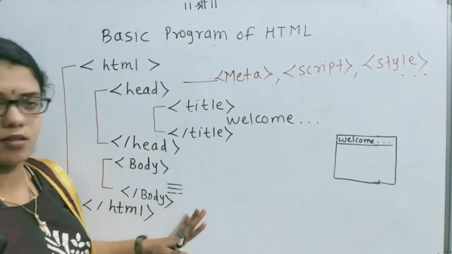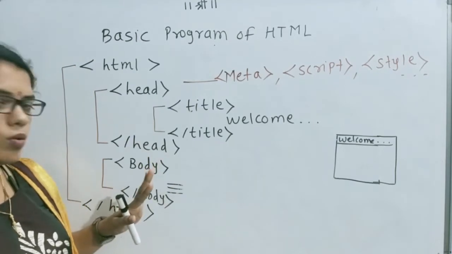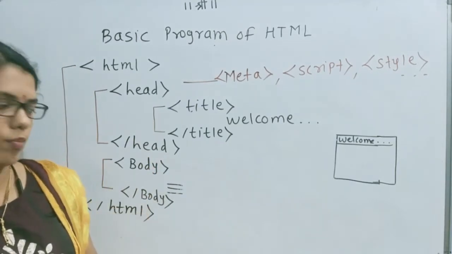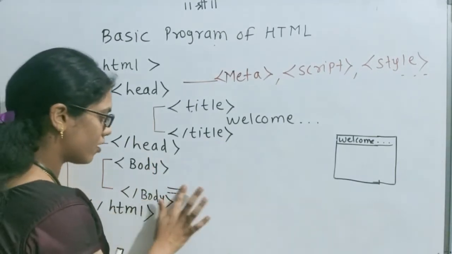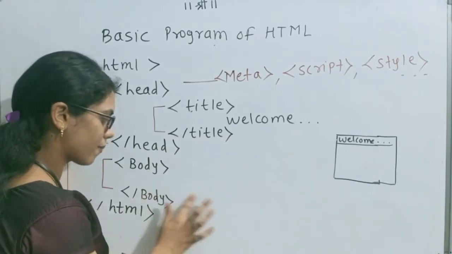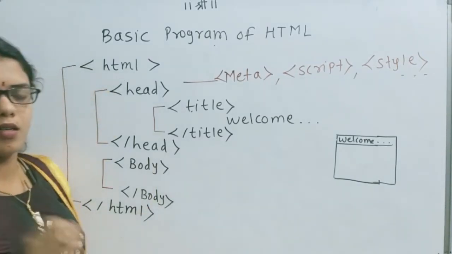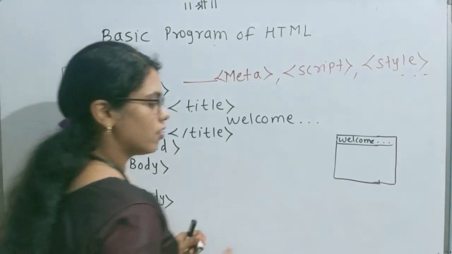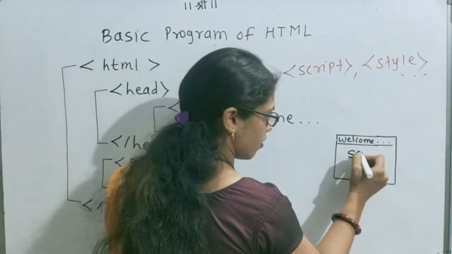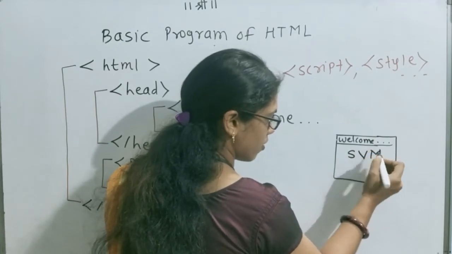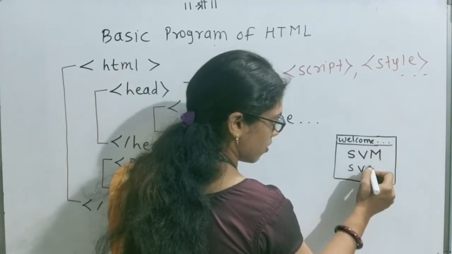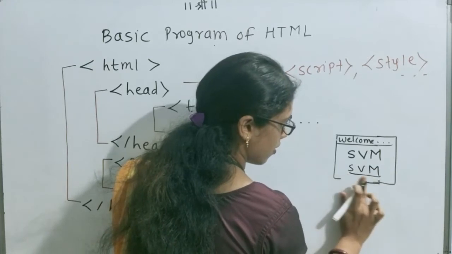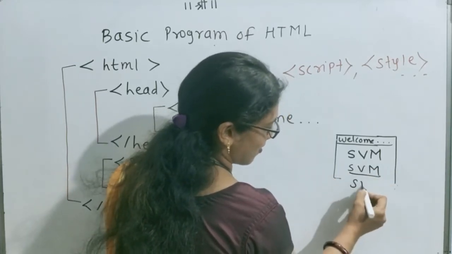And the last concept, we have to give an advanced example. Suppose we are displaying the CS text or college name, SVM text, in the last example: bold, underline and italics.